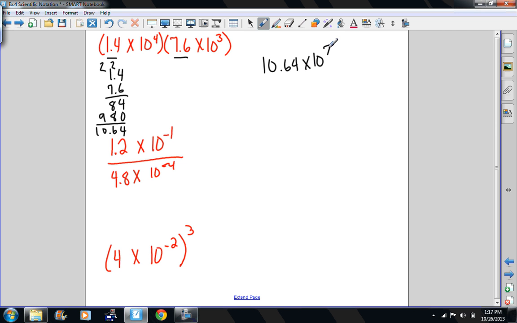We have 10.64 times 10 to the 7th, but in this case, since we have to move our decimal to this, it would be 1.064 times 10 to the 8th.